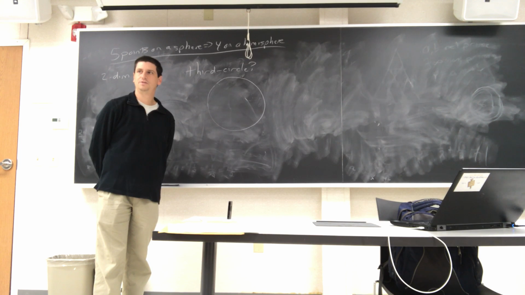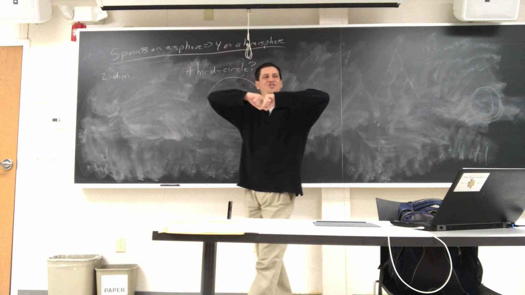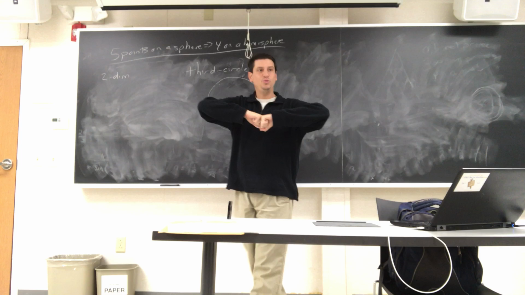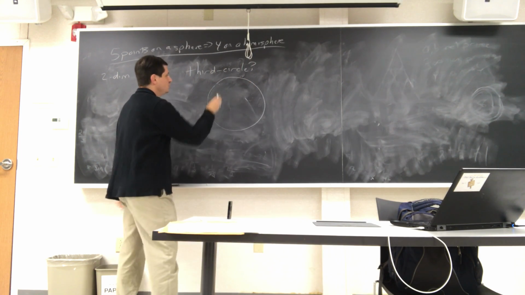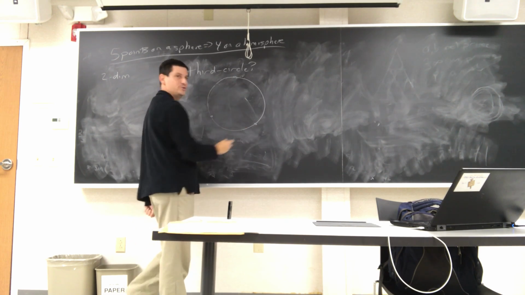I think so. Yes. Because remember, if they're exactly that distance apart, that counts as being on a third circle. It's a closed third circle. So if you took an equilateral triangle, these 2 points would be on a third circle, and these 2 points would be on a third circle.